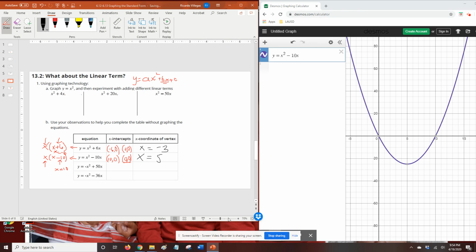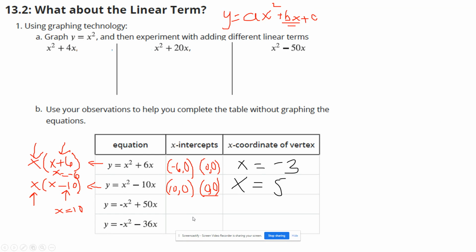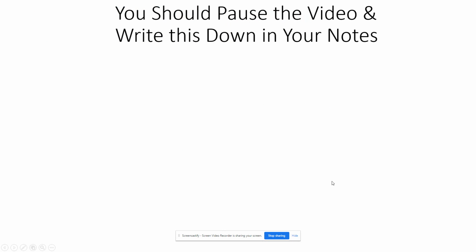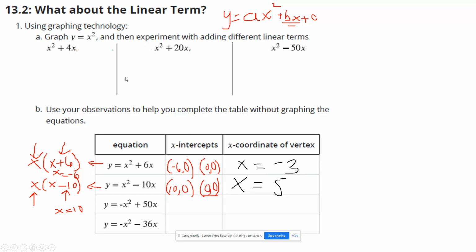Let's go ahead and work this one out now. So I'm doing the third one here. So y is equal to -x squared plus 50x. In this case, I want to make this into factored form.